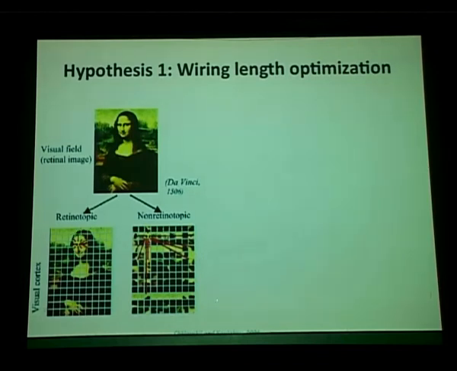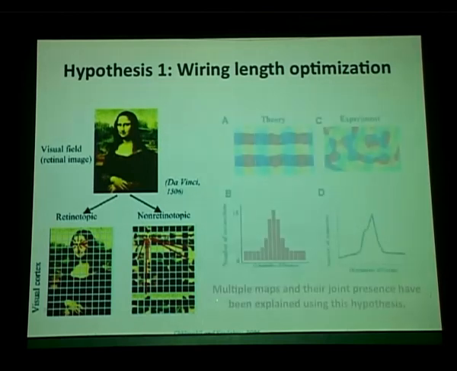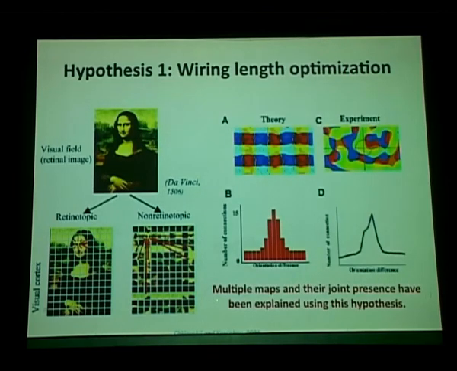So one of the suggestions was that the map organization is an evolutionary solution, as it were, to the problem of optimizing the amount of wiring length that is required for achieving the same processing that would be required otherwise. Right? And this is an extension of this.